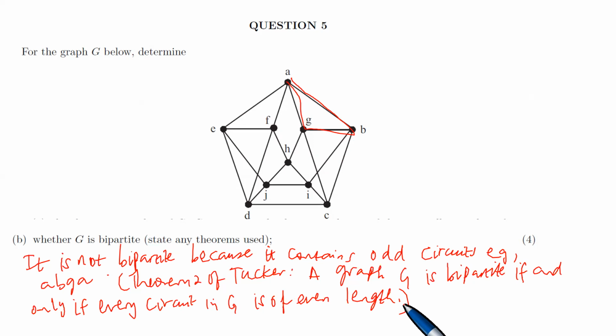There's a theorem that says a graph G is bipartite. Okay, this is very important. What kind of a graph is bipartite? It is bipartite if and only if every circuit is of even length. But here we have found a circuit of odd length, of length 3, this one.